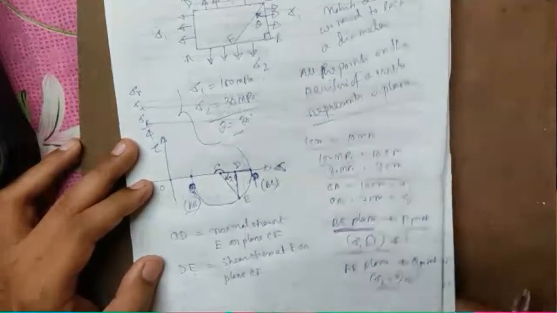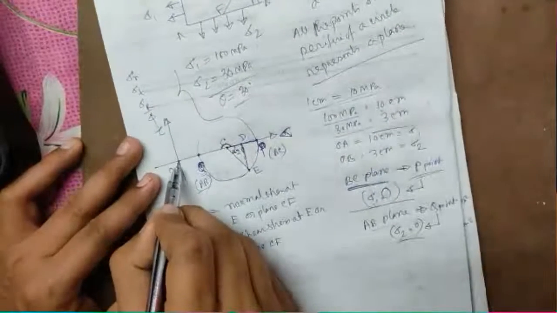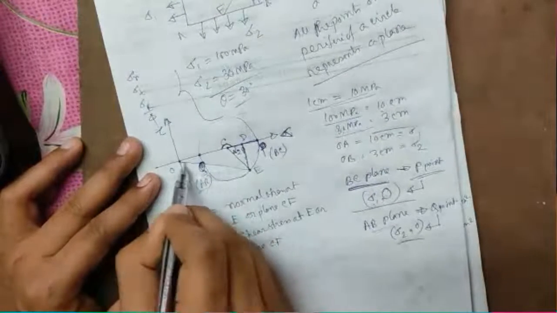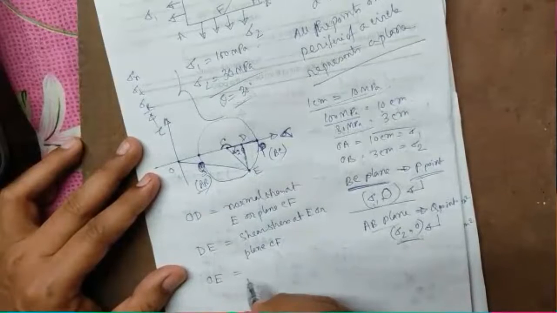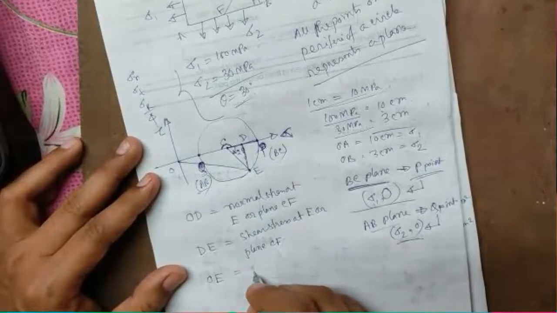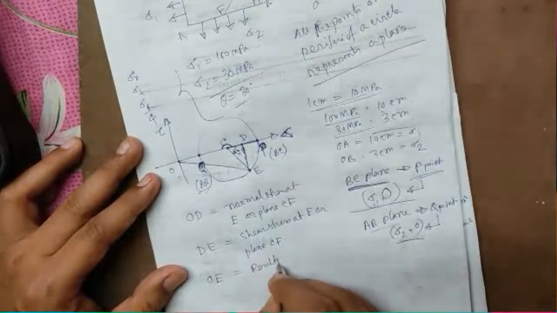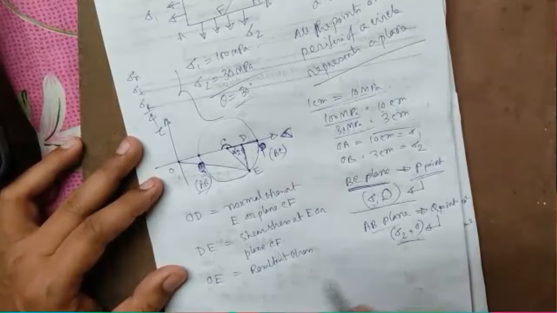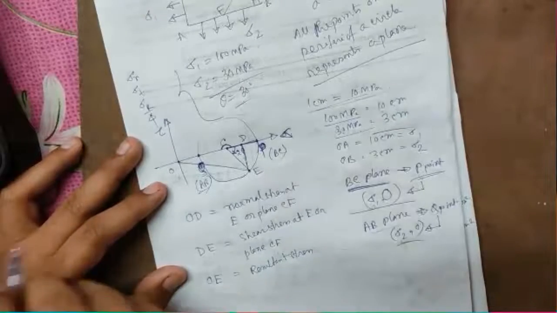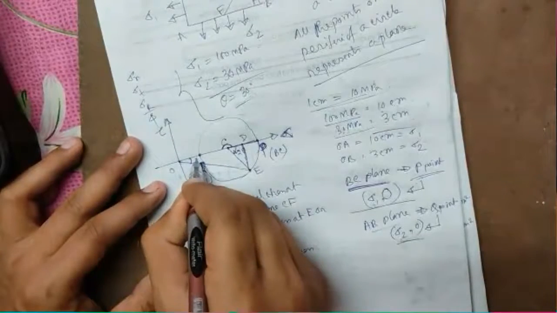Now if we connect this OE, OE will give us the resultant stress, and the angle phi can be found out from here.